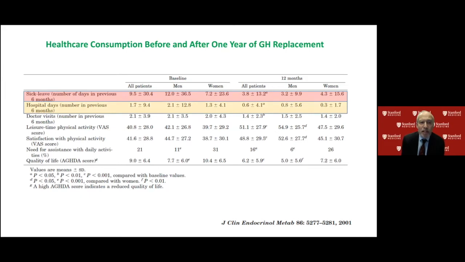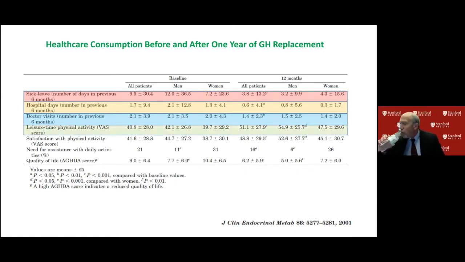Similarly, the number of days in hospital have also decreased from 1.7 over the previous 6 months in the patients prior to getting growth hormone to less than 1 in patients on growth hormone therapy. Similarly, doctor visits have also decreased. So healthcare consumption decreases, and that suggests that patients are healthier and have a better quality of life. And then finally, as you can see, leisure time activity also increases.